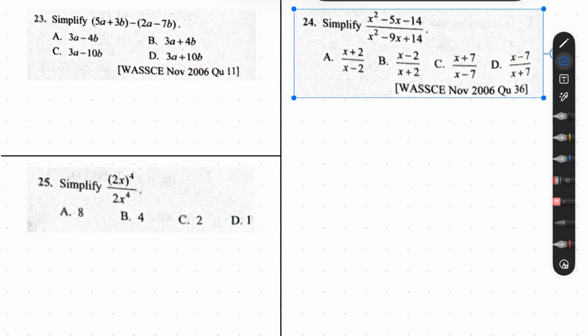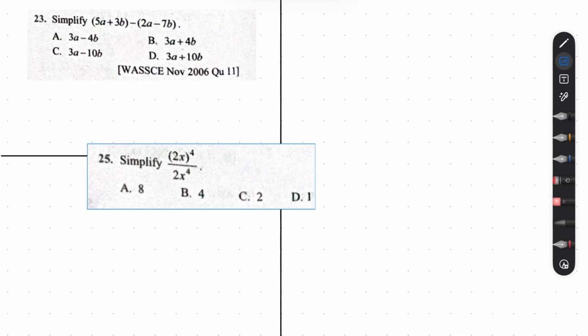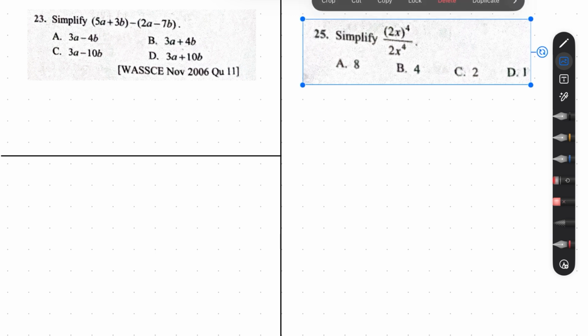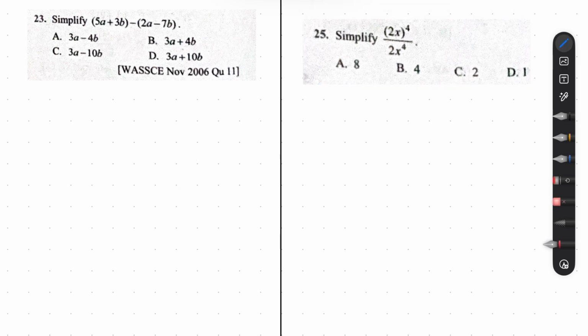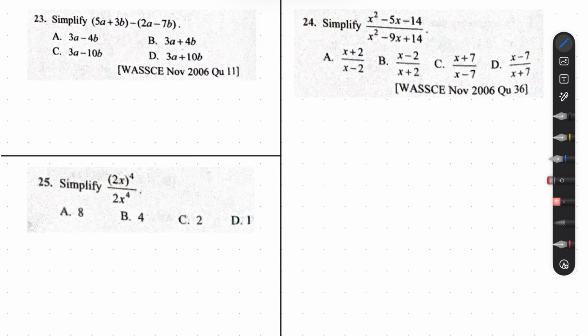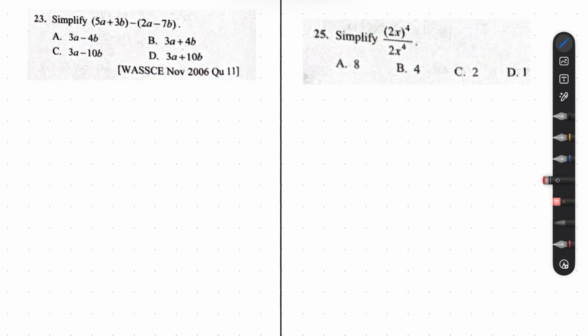Let's delete this, and then we bring this one right here. Okay, cool. Just remember, question number 24 will come after we solve 23 and 25. It's at the back, at the other side here. 24 is right here. So when we finish this, we go there.